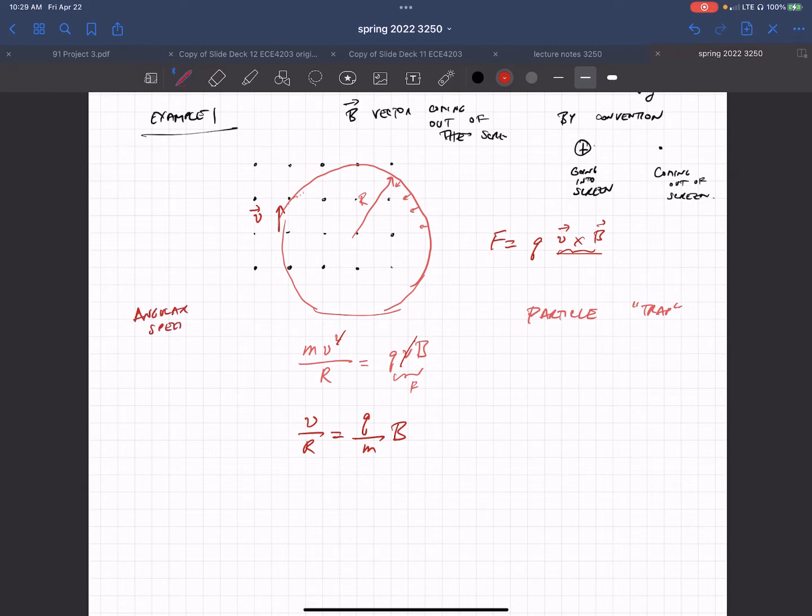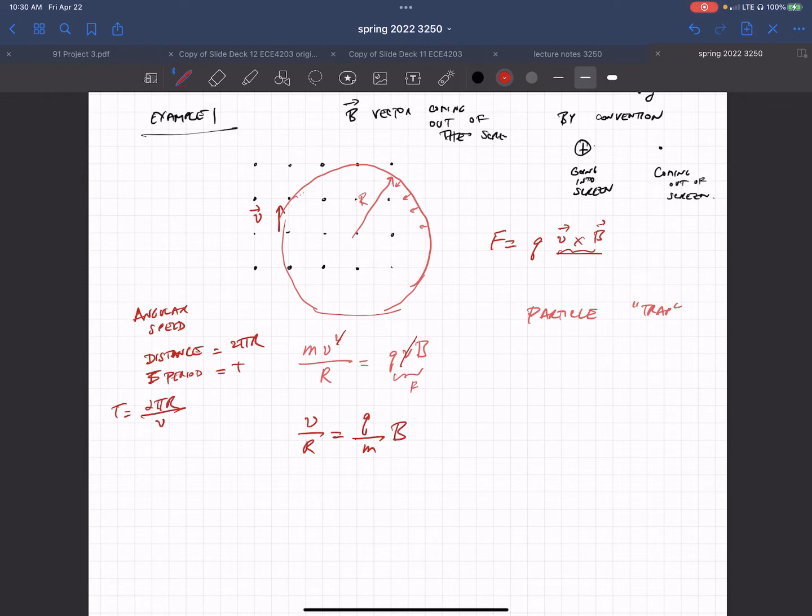The way you think about angular speed is that if something is moving in a circle of radius r, the distance it's going to go is 2 pi r, and it'll go around that 2 pi r in a period T. So that period T is 2 pi r over the velocity.